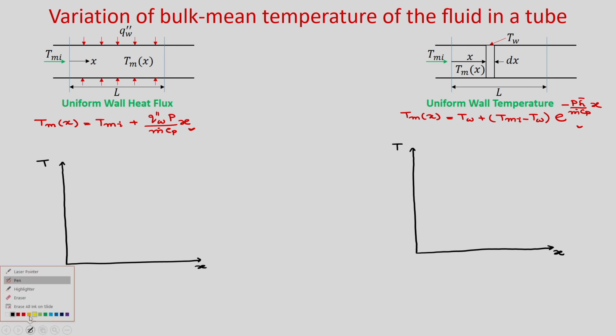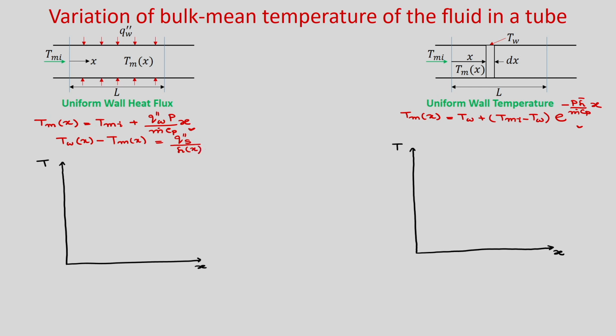Now you can see that in this case you have uniform wall heat flux. Here you can see that Tw(x) minus Tm(x) is Q double prime s divided by h, which is a function of x.